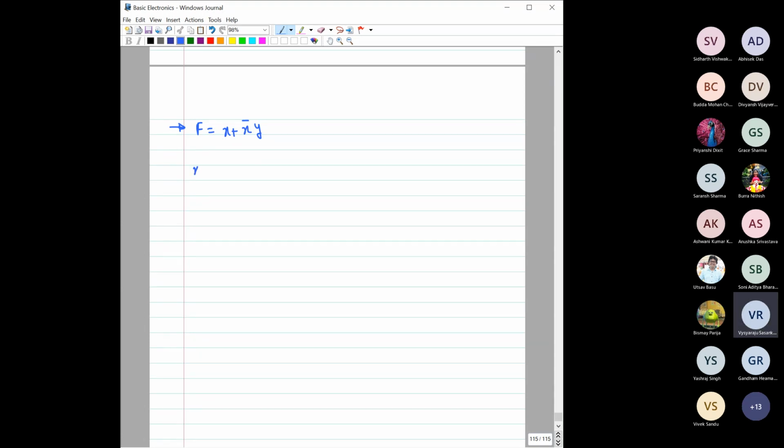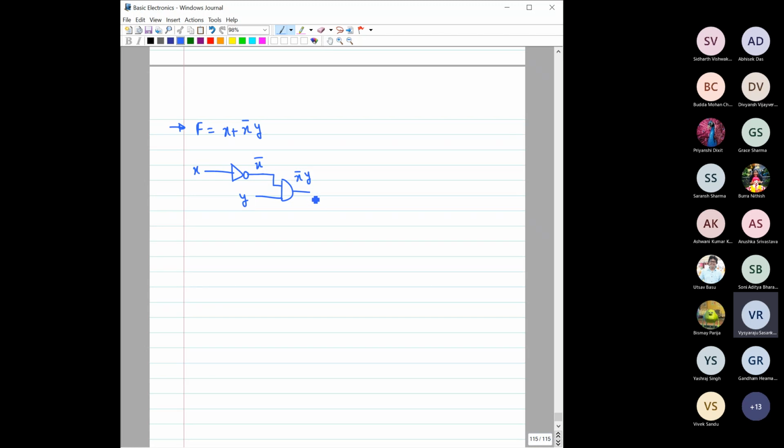Okay, we have input x, because we need this input x as well as x bar, right? So we have this x. Then we can use one NOT gate to make x bar. With this x bar we can use an AND gate to get x bar y.